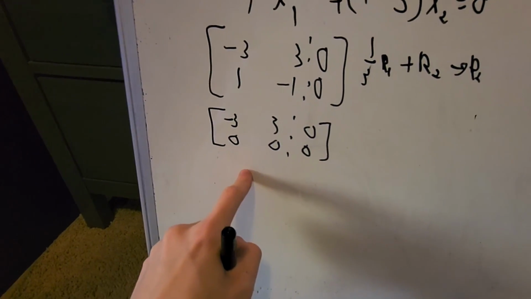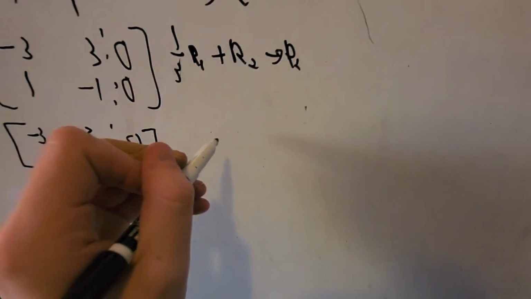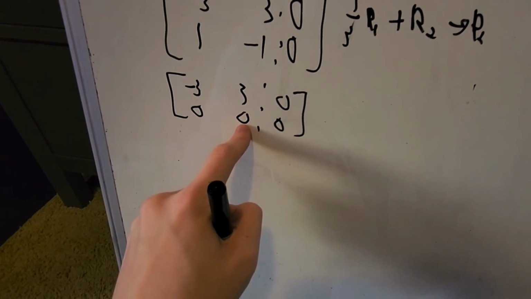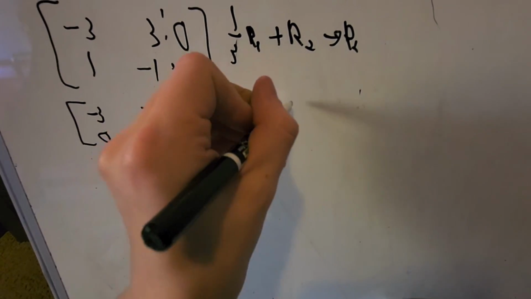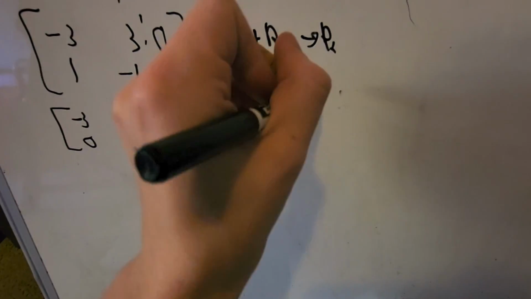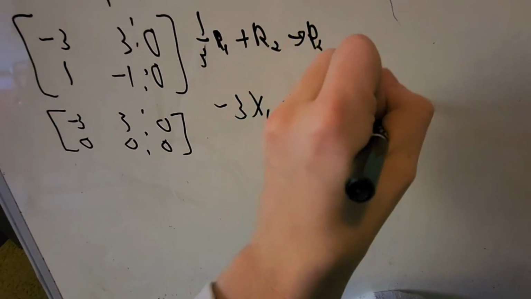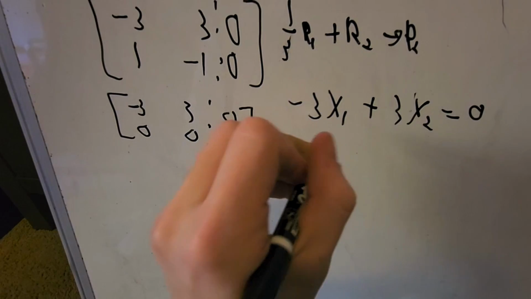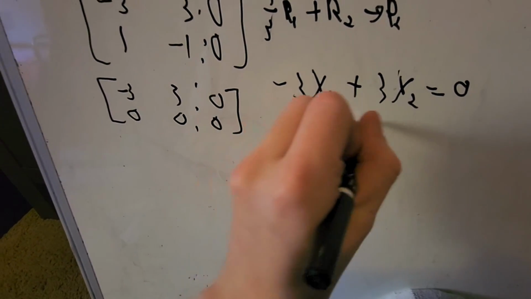this matrix, which corresponds to 0x1 plus 0x2 equals 0. That doesn't help us. But negative 3x1 plus 3x2 equals 0. Dividing everybody by 3 and moving things around we get x1 equals x2.